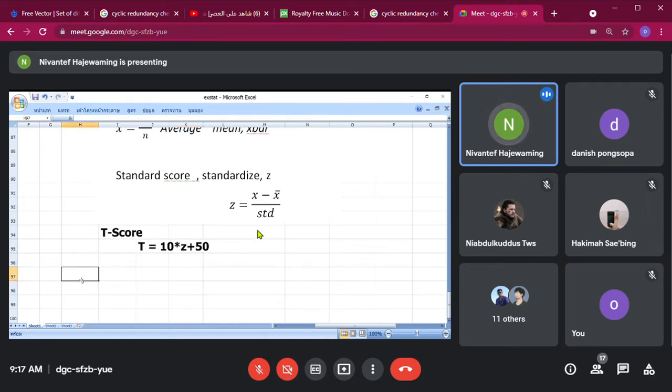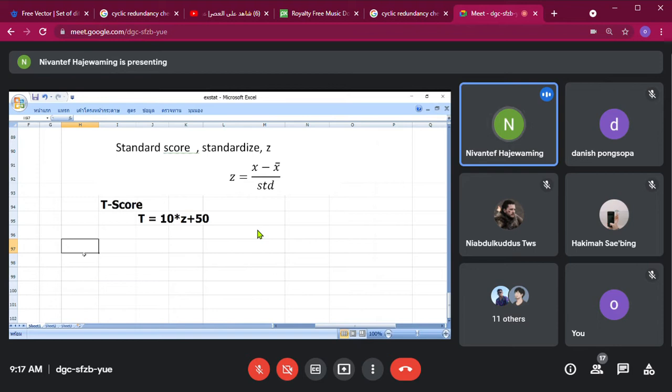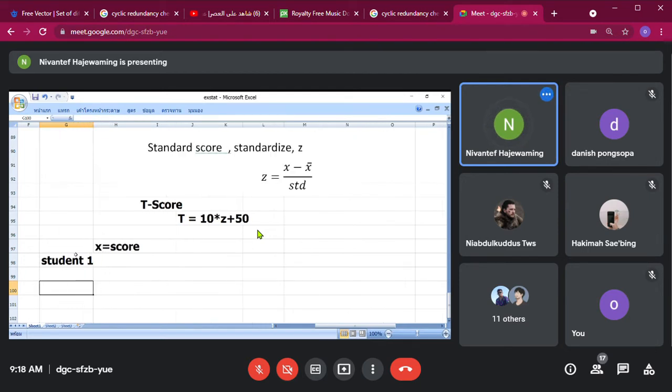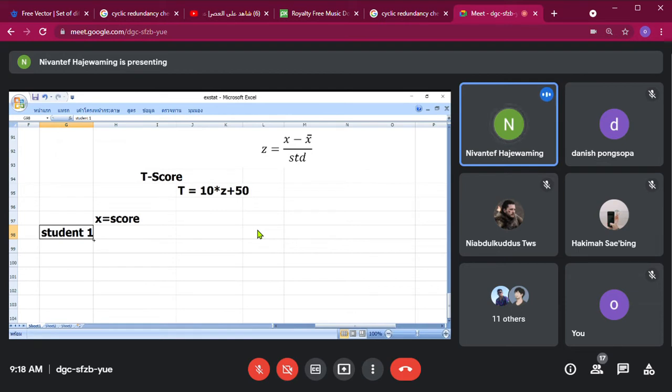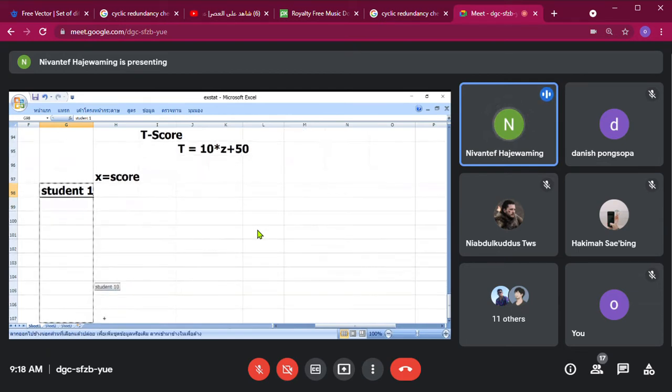Our example is this: X is the score of a student. Assume the score for student number 1, student Ahmad, right? Assume we have 10 students. For ease, we use only 10 students.